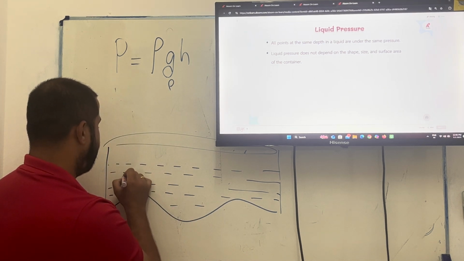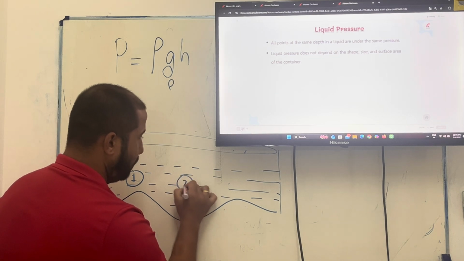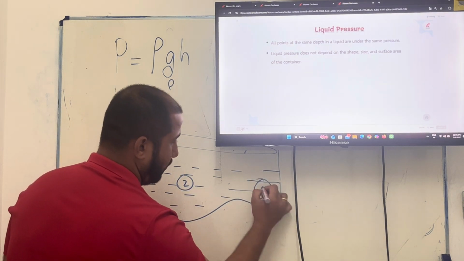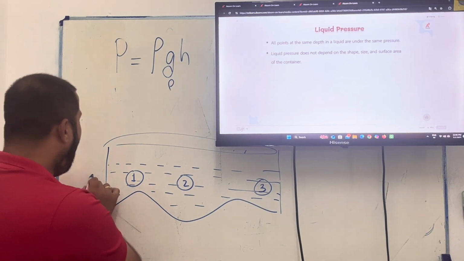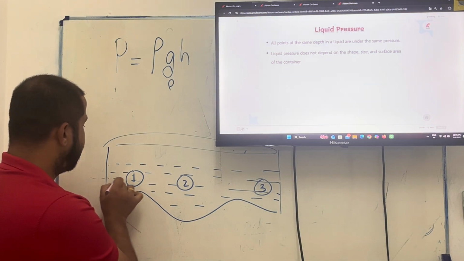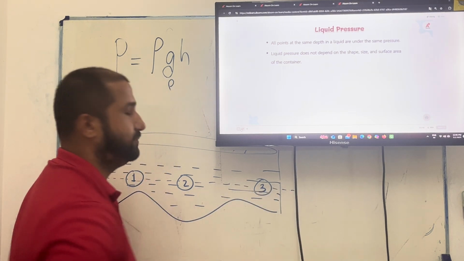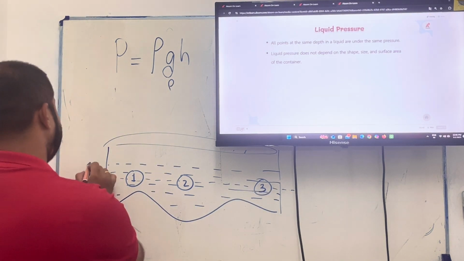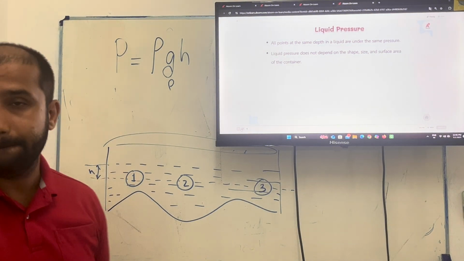We have three different objects: object 1, object 2, and object 3. As you can see, they are all at the same level. The important thing is the depth is the same.